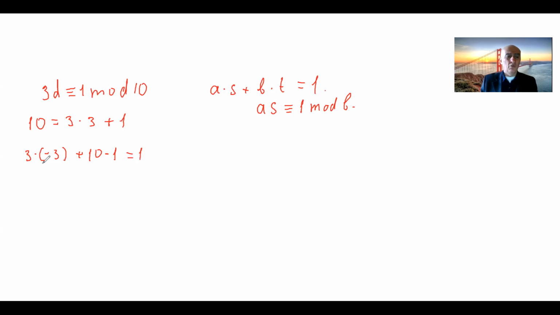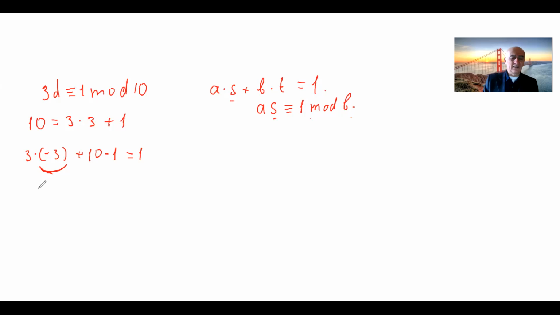Okay, now from this expression, what is D? What is the inverse of 3 modulo 10? This is negative 3. Compare with the expression A times S congruent 1 modulo B: this S and this S are the same.